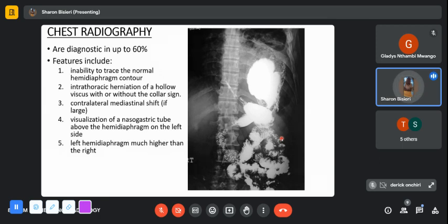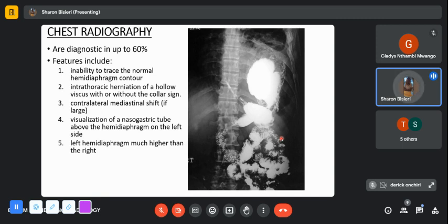You might also see a contralateral shift of the mediastinum if the herniated component is large. You may also visualize the nasogastric tube. You'd expect it to be in the stomach below the diaphragm, but if there's herniation of viscera, you see the nasogastric tube above the hemidiaphragm.